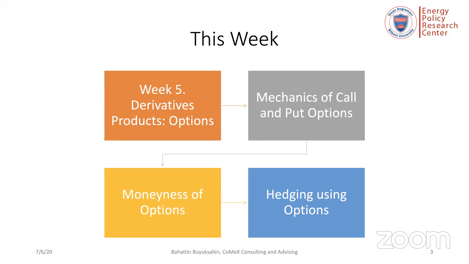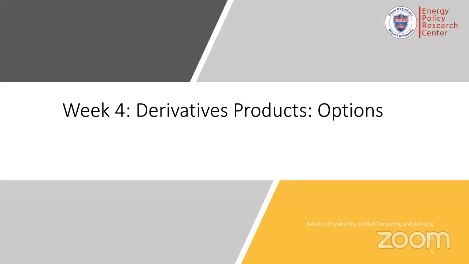We will discuss how and for what purposes these options are used, especially in commodity markets. I will finish this week's lecture talking about how to use options for hedging purposes. As I said, this week we are covering options.